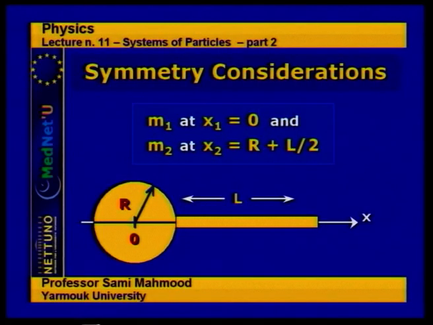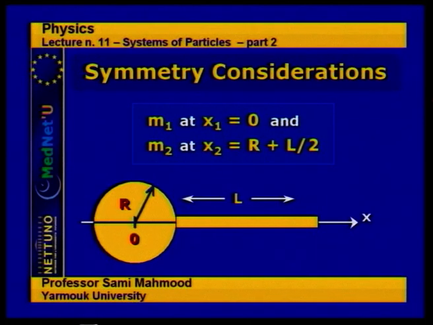Second, we move to the rod of length L, and from the symmetry we realize that the center of mass of the rod is at its midpoint, at its center. The midpoint is a distance L/2 from an end of the rod.